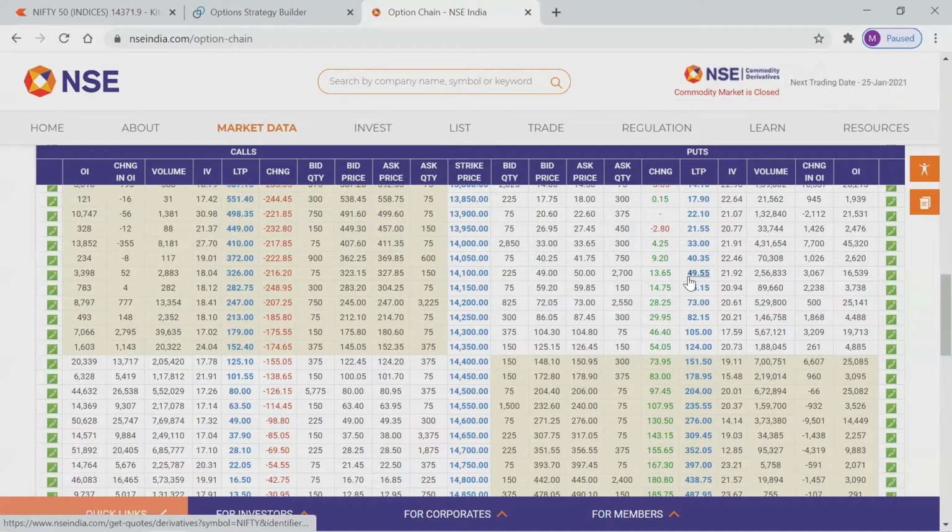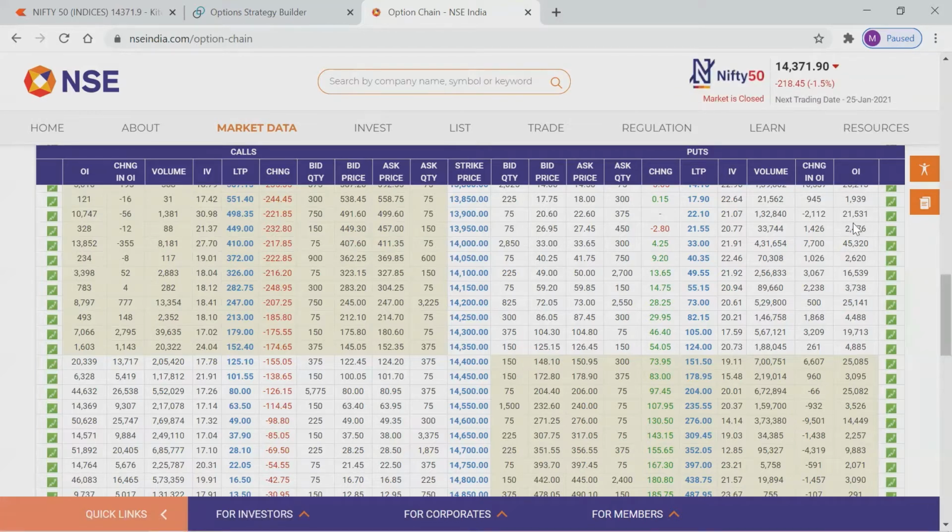I repeat, while selecting slightly out of the money put strikes, you need to consider strikes with high OI and high change in OI. For that, look for high values in the OI and change in OI columns. The 14,350 strike has only 4,000 OI.